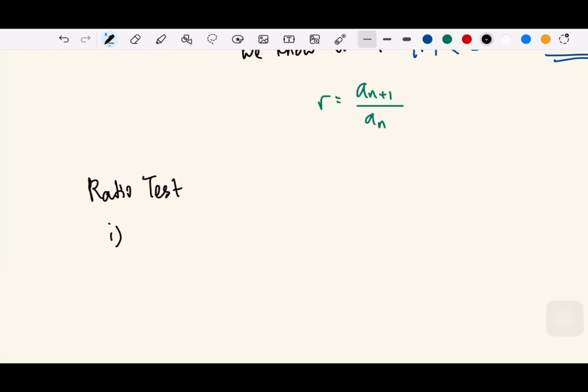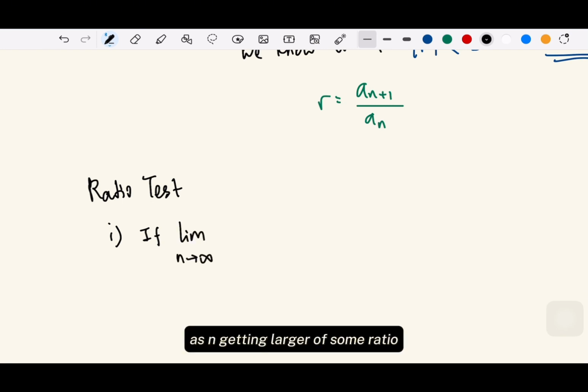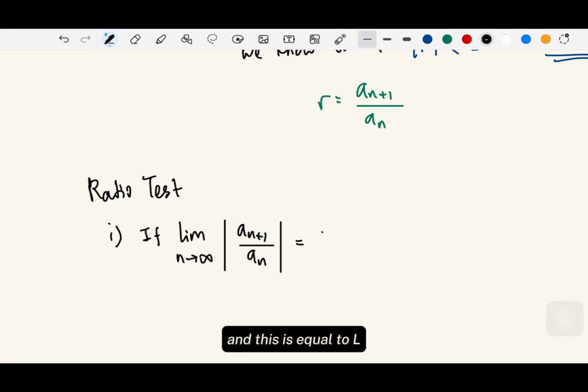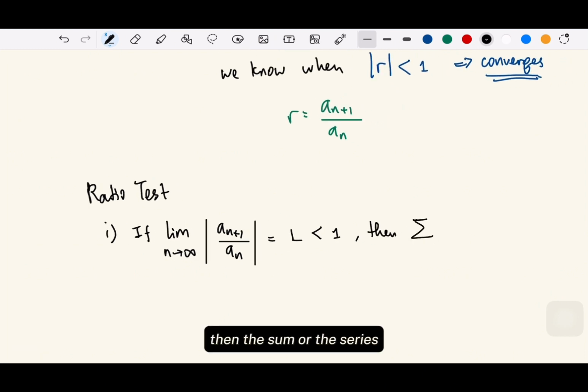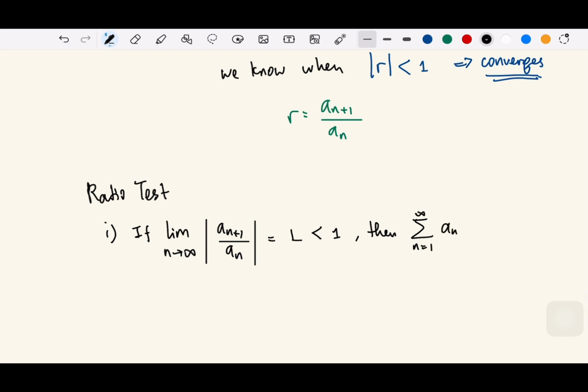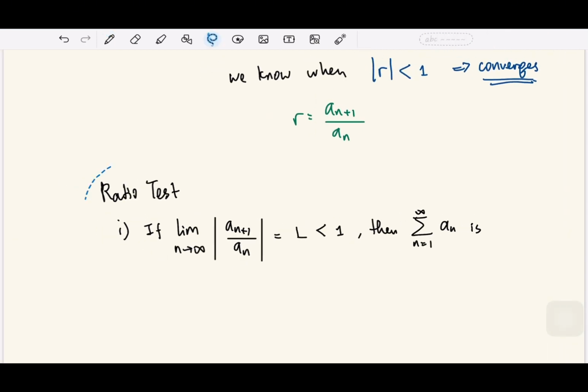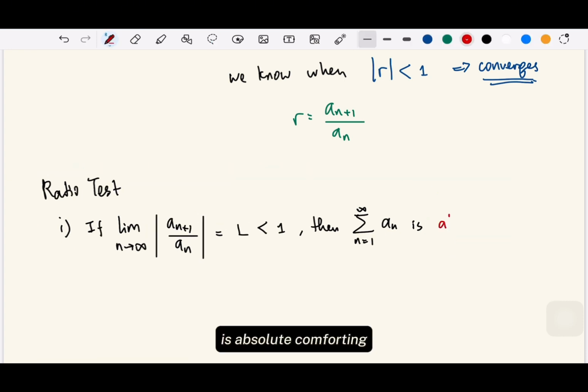So first, if we take the limit as n gets larger of the ratio a_(n+1) over a_n, and this is equal to L, and if L is less than 1, then the series is absolutely convergent.